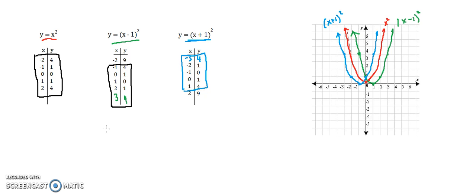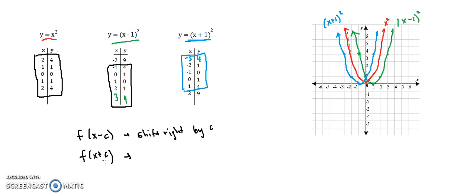So the rule here is that if you add or subtract inside the function, this is also a graph shift, but it's opposite of what you'd expect. If you subtract a number, that's going to shift you to the right that amount.